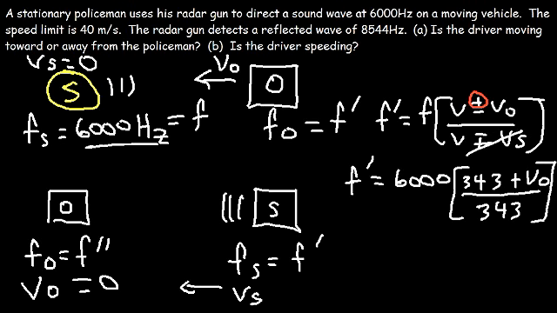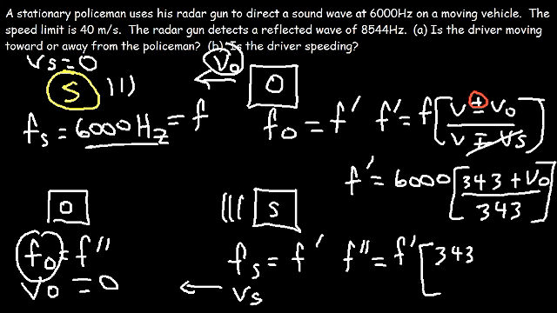So now let's focus on the reflected wave. So the new FO is F double prime, and that's equal to Fs, which is F prime, times 343. Now this VO now is the source, Vs. So we don't have a VO on top anymore for the second part. So it's 0. Plus or minus 0 is the same thing.